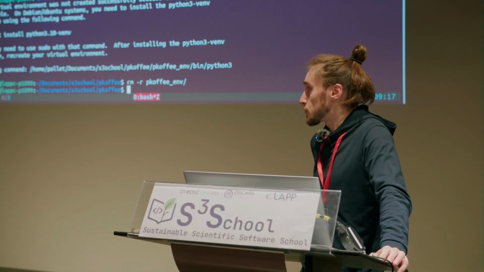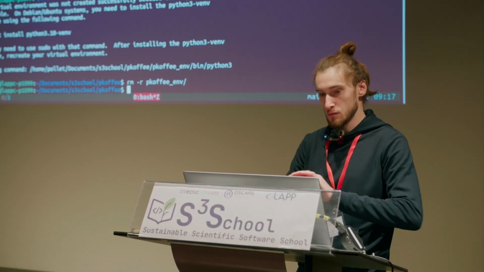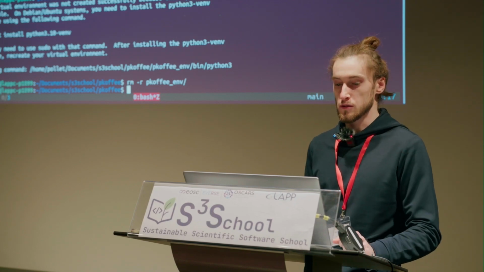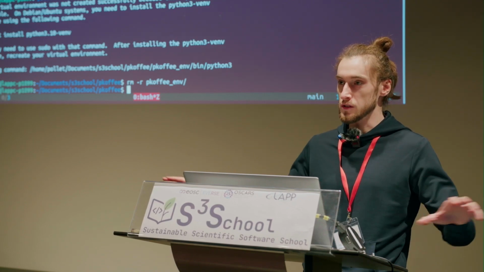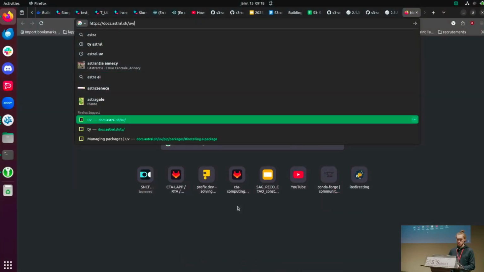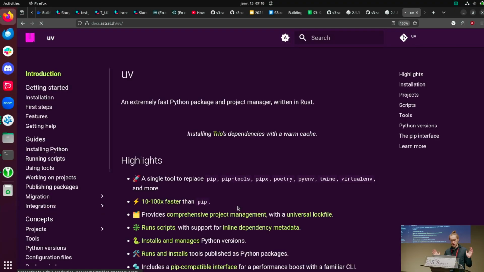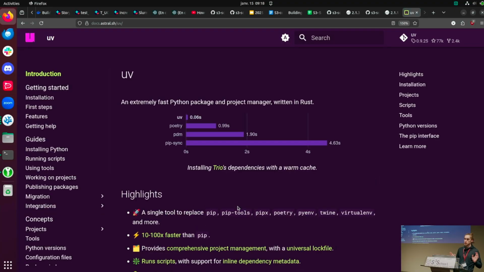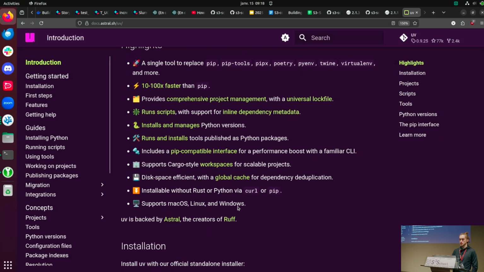Nowadays, the thing I would recommend if we were using only Python and working only with dependencies in the Python world would be to use uv, which is a new Python package and environment manager. It is very fast and basically tries to learn from the mistakes of the previous tools to make the experience better. So that's what I would recommend.